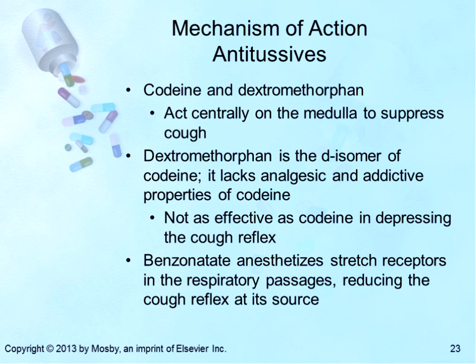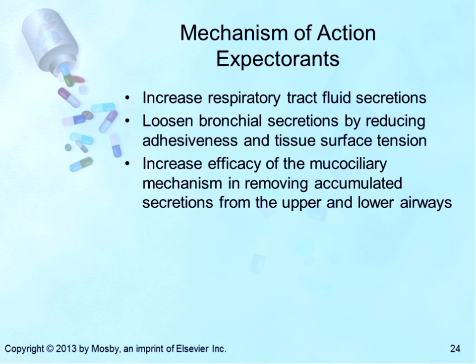However, it is not as effective as codeine in depressing the cough reflex. Benzonatate, which is Tessalon Perles, acts to anesthetize stretch receptors in the respiratory passages, reducing the cough reflex at its source.